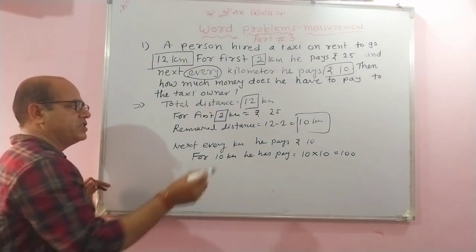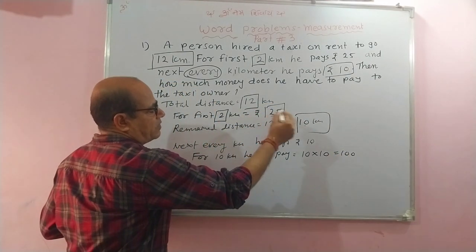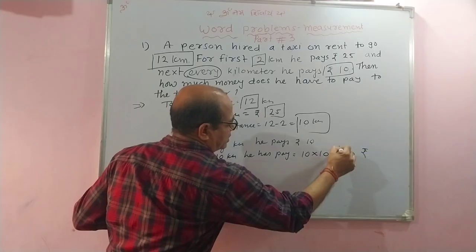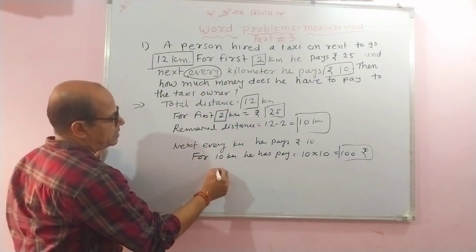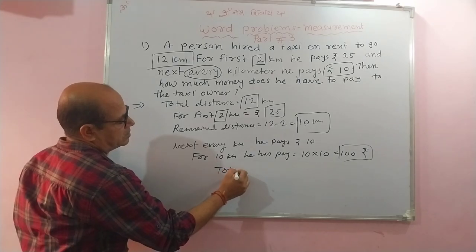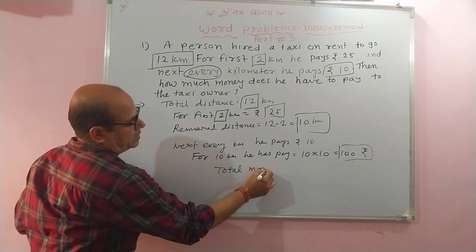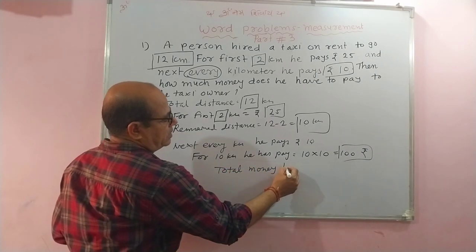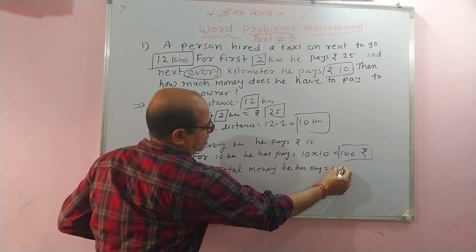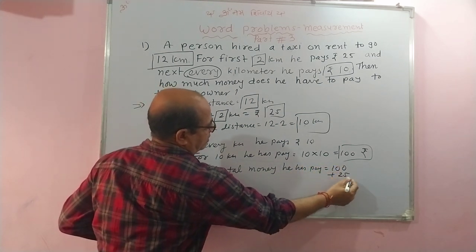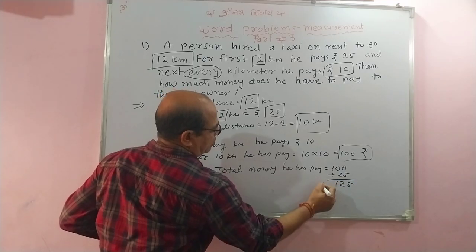First he is paying rupees 25, then rupees 100. The total money he has to pay is 100 plus 25, which is equal to 125 rupees.